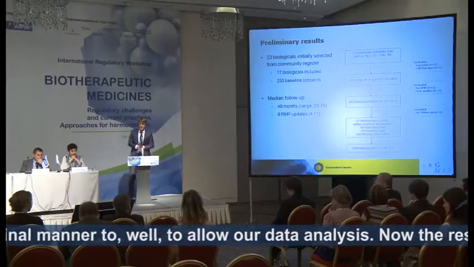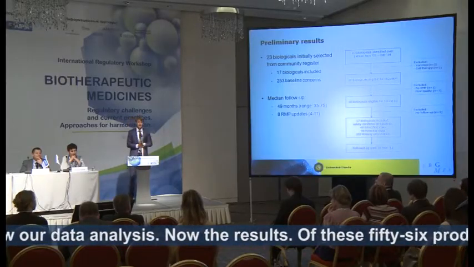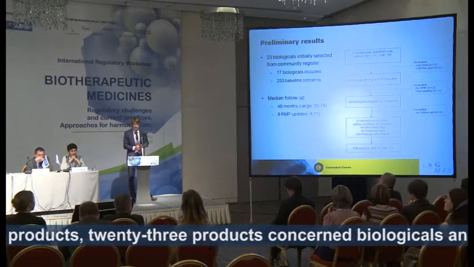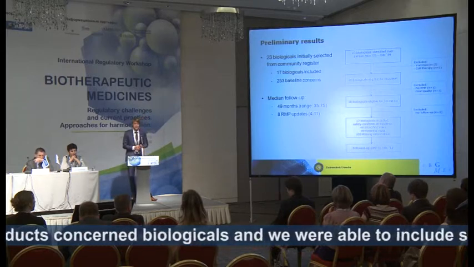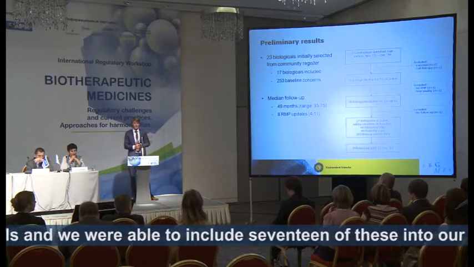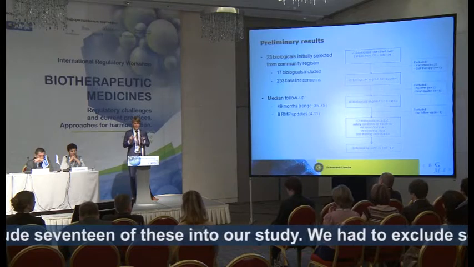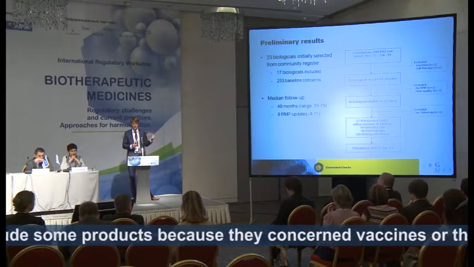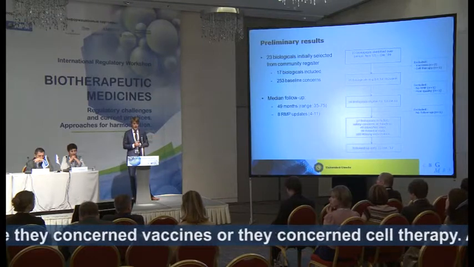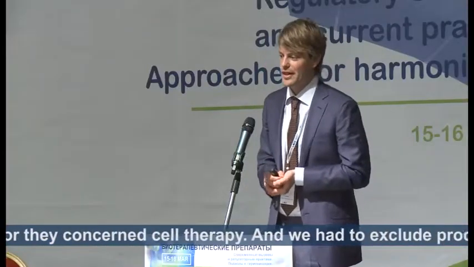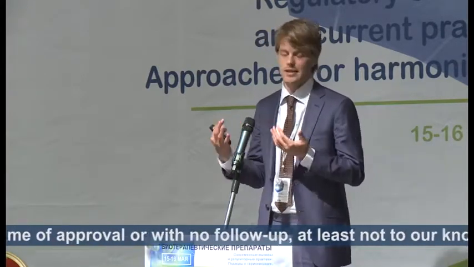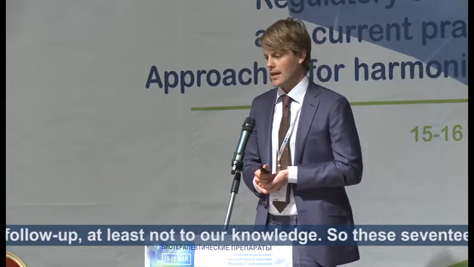Now the results of these 56 products, 23 products concerned biologicals, and we were ultimately able to include 17 of these into our studies. We had to exclude some products because they either concerned vaccines or they concerned cell therapy, and we had to exclude products with no RMP at time of approval or with no follow-up, at least not to our knowledge.